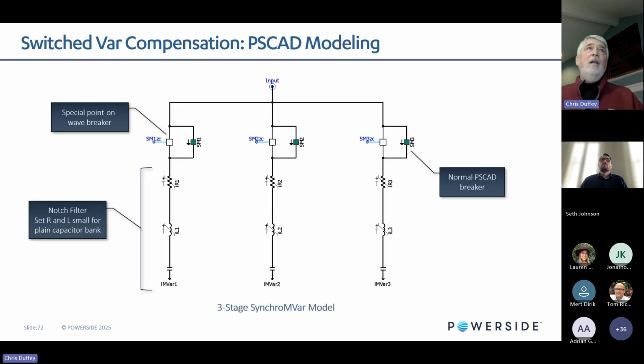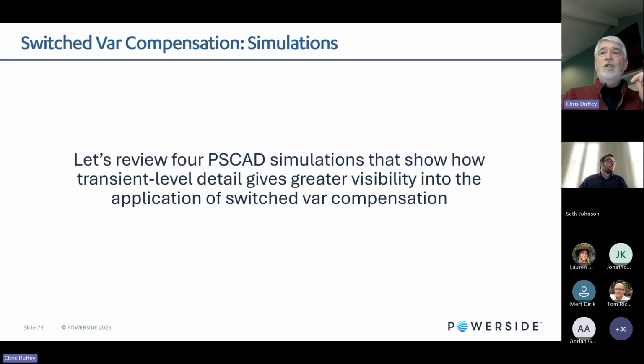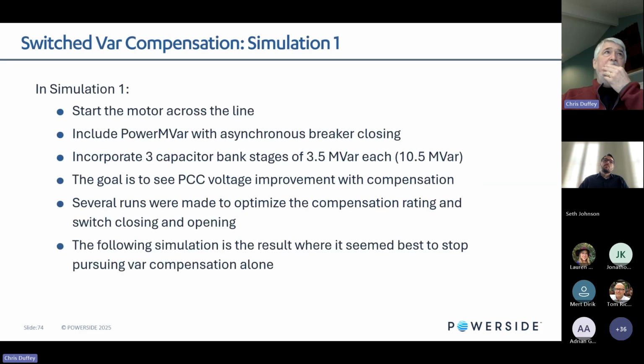The PSCAD modeling for the switched VAR compensation, here's the filter stages, and then we have a special point-on-wave switch, or we can use the switch in PSCAD, which just does the general straight across the line switching without any point-on-wave, or excuse me, asynchronous switching. So let's review these 4 simulations to show how the transient level detail gives you greater visibility into the application of the VAR compensation.